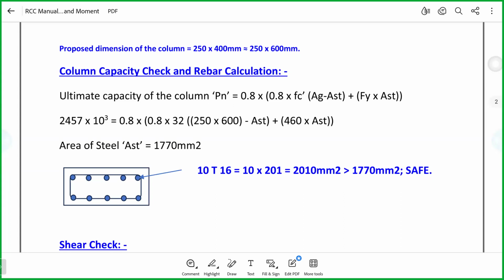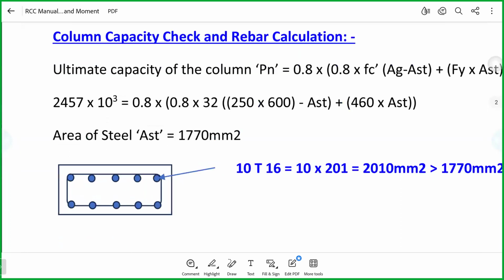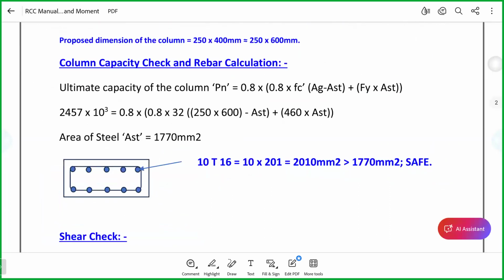So far I calculated the applied load on the column, which is the actual load on the column, and I know the grade of concrete, the grade of steel, and in addition I know the column dimension. But I don't know the area of the reinforcement. I'm substituting into this equation, only calculating the area of the reinforcement.